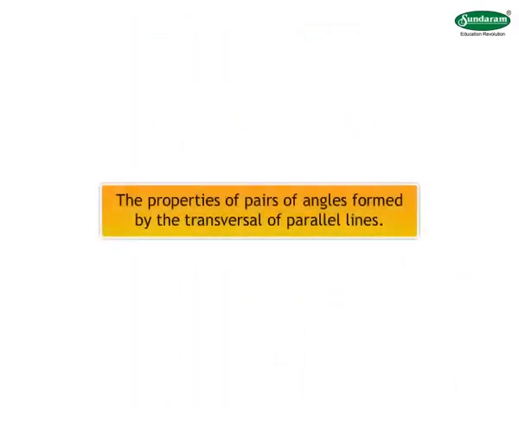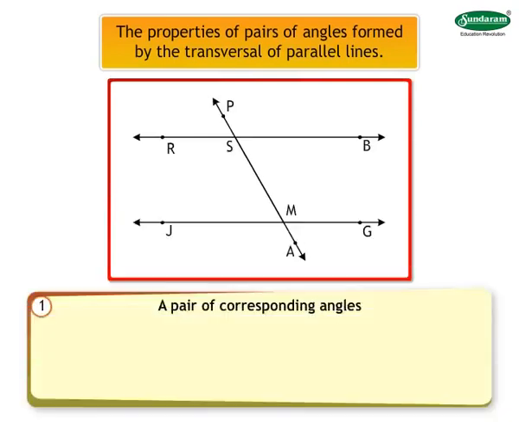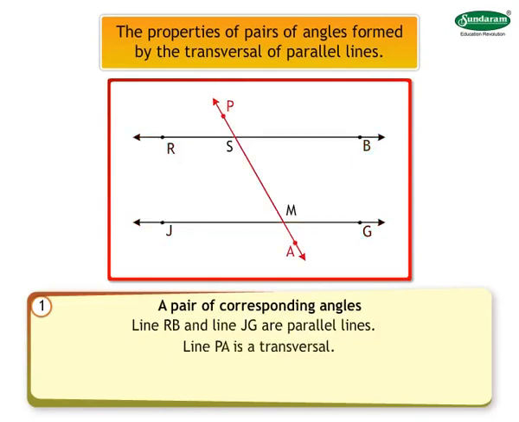Now let's study the properties of pairs of angles formed by the transversal of parallel lines. Number 1. A pair of corresponding angles. Look at the figure. Line RB and line JG are parallel lines. Line PA is a transversal.